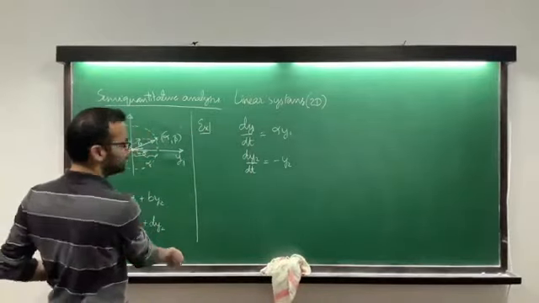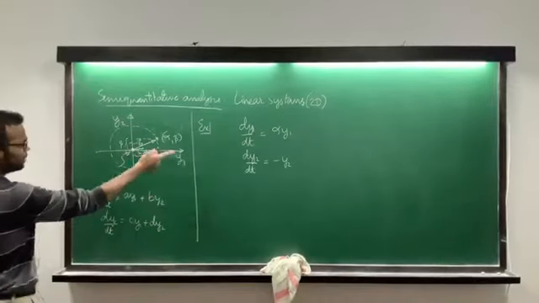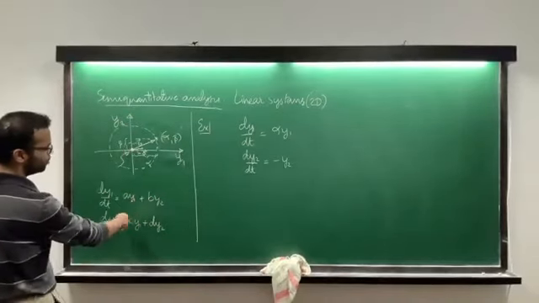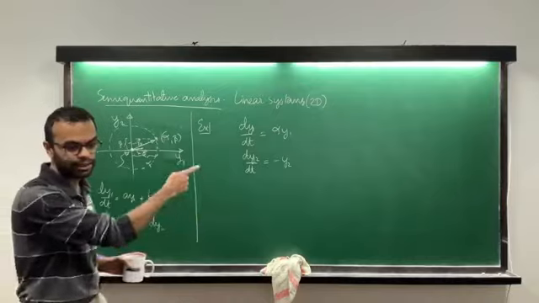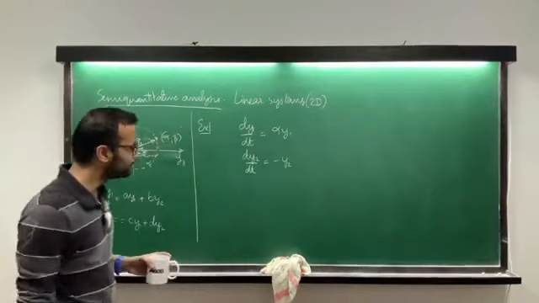This is a special case of this, right? I can put a equal to alpha, b equals 0, c equals 0, d equal to minus 1. I'll get that. Okay, just an example.